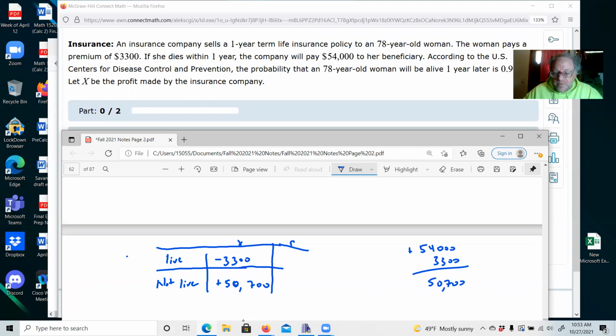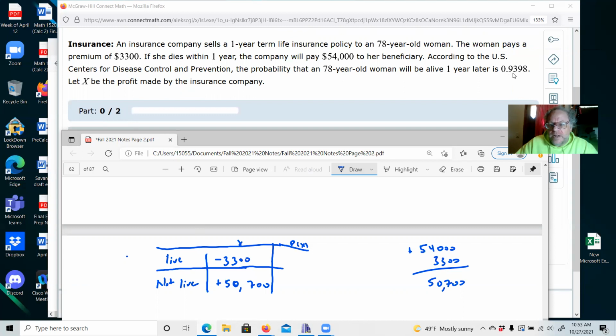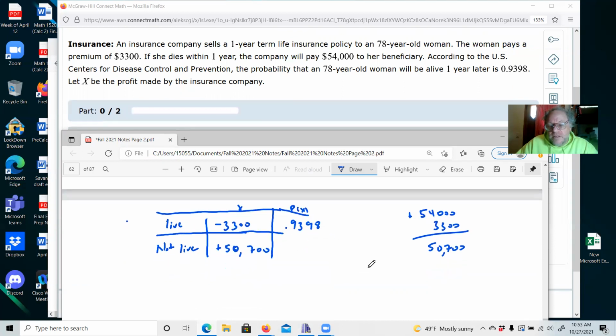What's our probability? What's the probability of this happening? By the US CDC, the chance for her to be alive is 0.9398. What's the chance for other things to happen? We're going to take 1 minus 0.9398.